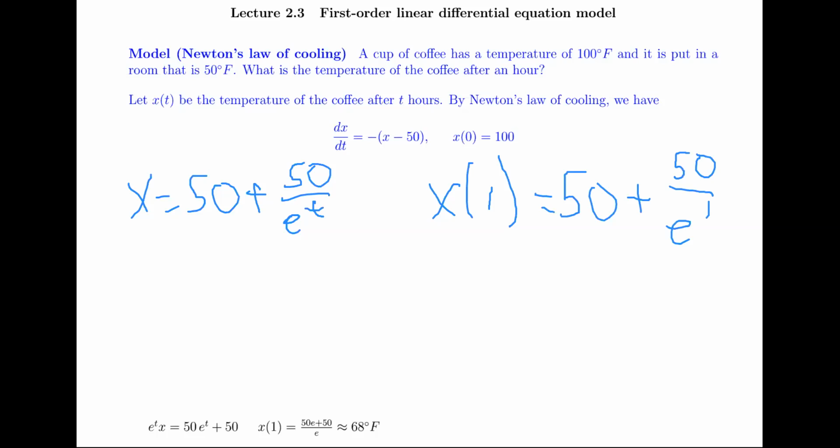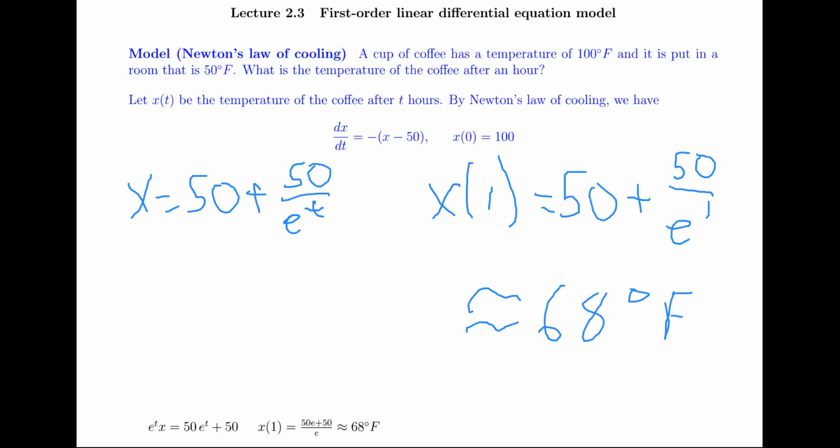And so that's 50 plus 50 divided by e. Now, that is approximately 68, and our units was degree Fahrenheit. Okay, and that is it.